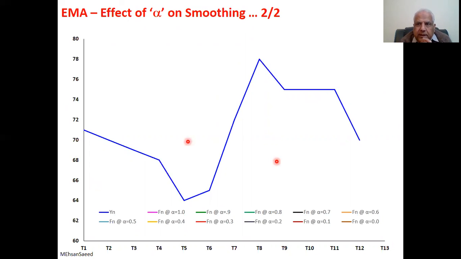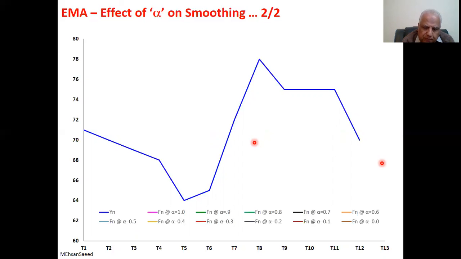I'm going to now click, and animated charts will come up, starting with alpha is equal to 100%, then 90%, 80%, 70%, 60% as per this legend over here. It will start with 100%, then 90%, then 80, then 70, then 60, 50, 40, 30, 20, 10, and 0. So as they come up, I will speak also.